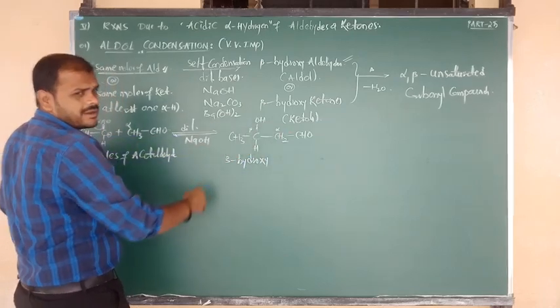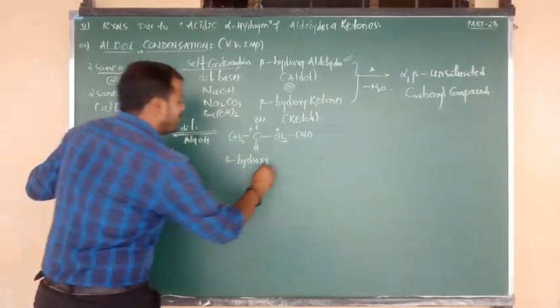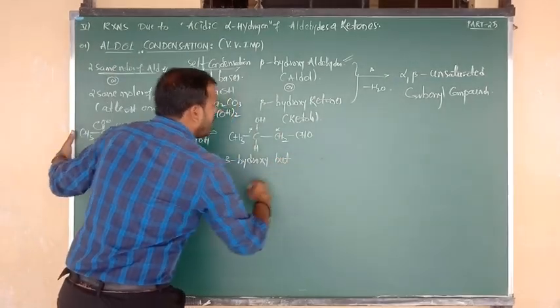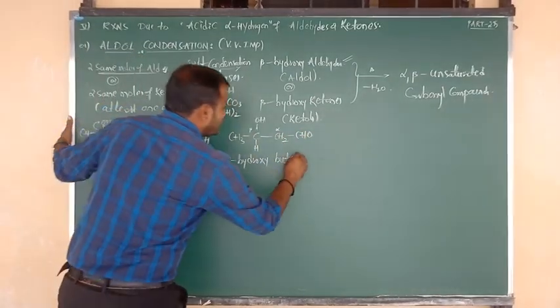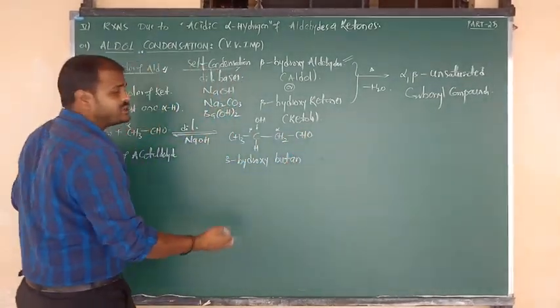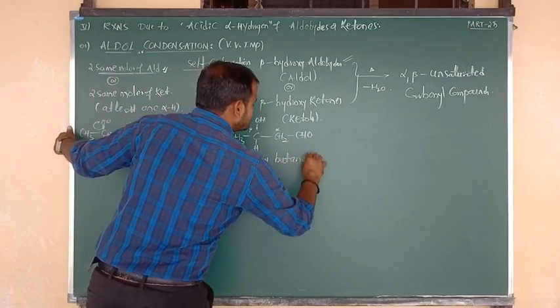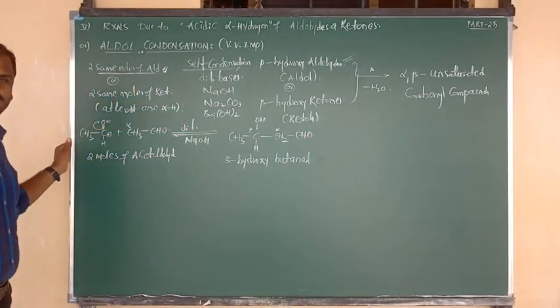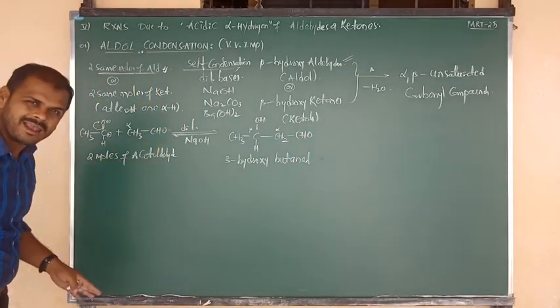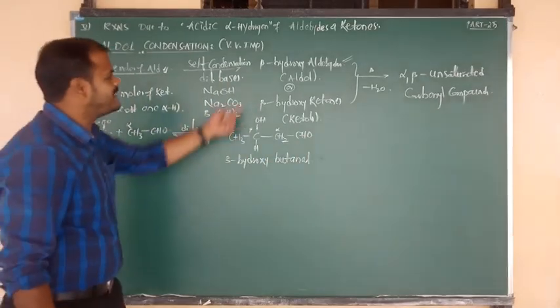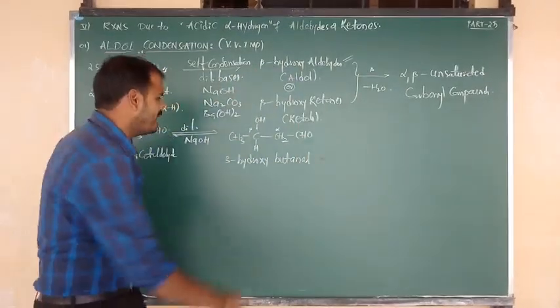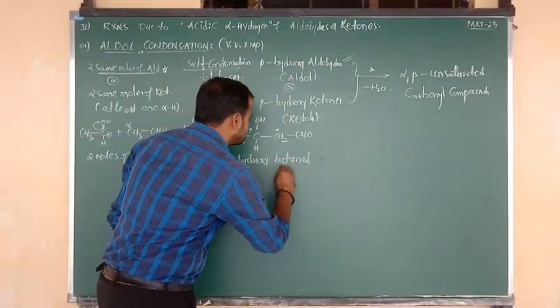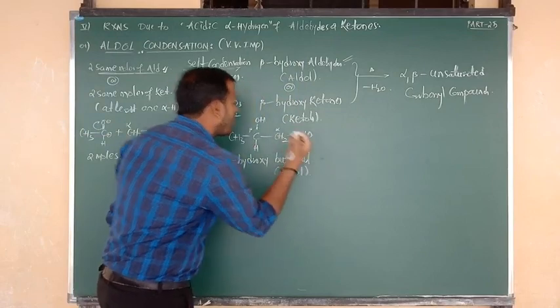Total 4 carbons are there in that root chain. So simply we can say that but. And all are single bonds. So simply we can say that ane. And the functional group is nothing but al. So the suffix is al, aldehyde. 3 hydroxybutanal is the IUPAC name, the common name is beta hydroxyaldehyde. Otherwise, simply you can say that it is nothing but the aldol product.